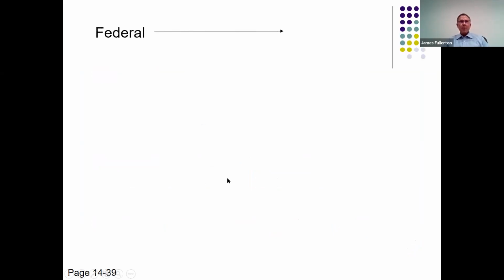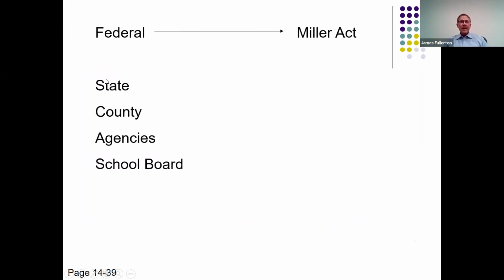Okay, so a federal project operates under the Miller Act. Any state project or any county project or agencies of any county or state, such as the school board, operate under the Little Miller Act of that state.